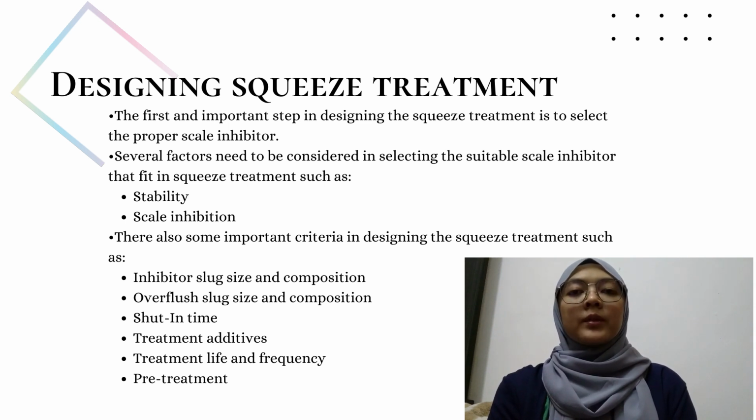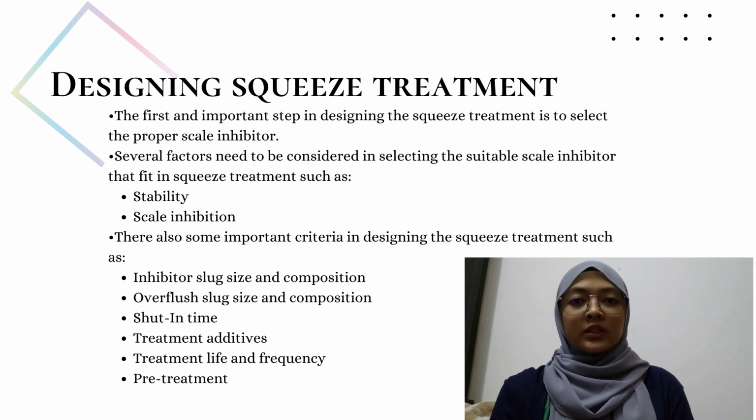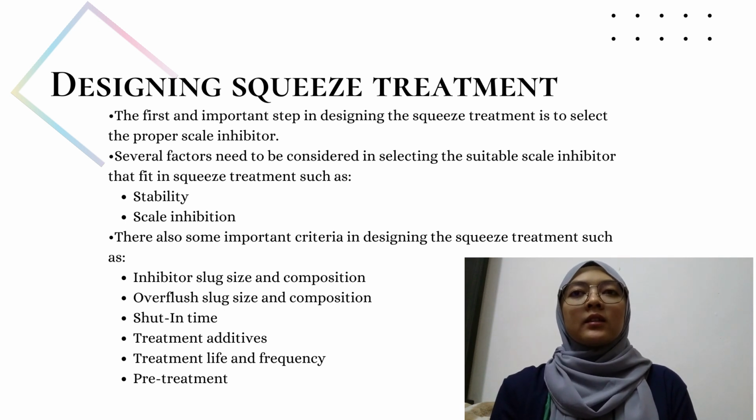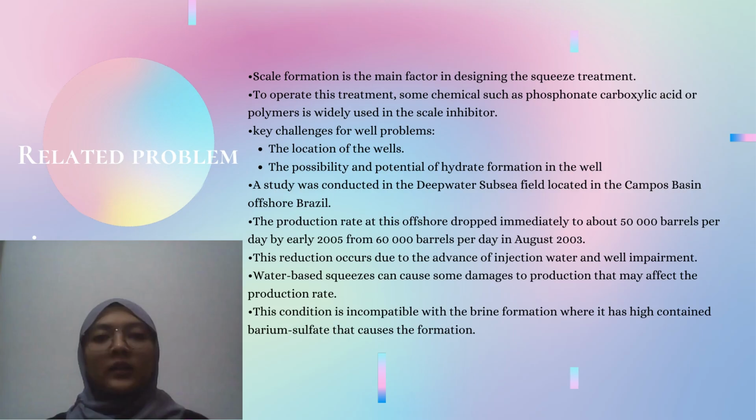There are also some important criteria in designing the squeeze treatment, such as inhibitor size and composition, overflush slug and composition, shut-in time, treatment additive, treatment life and frequency, and last but not least, pre-treatment.